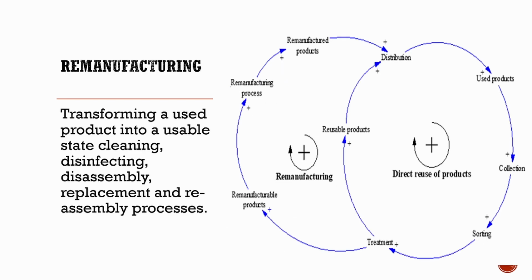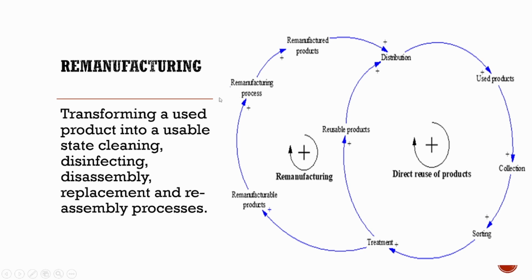On the second stage, if this used product, after collection, sorting, and treating, can't join the secondary market as a directly reused product, then it will go through some manufacturing processes. Some of its components will be replaced or remanufactured.